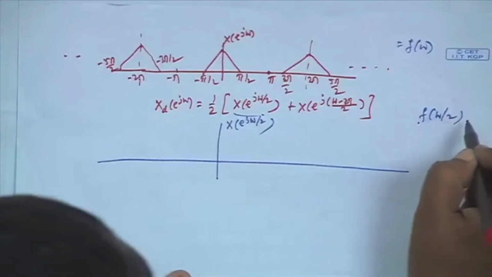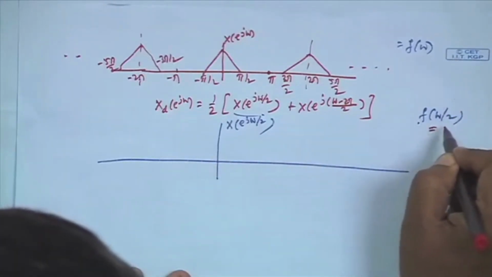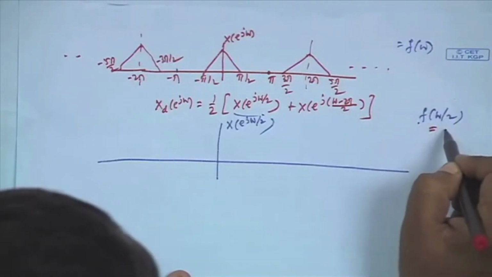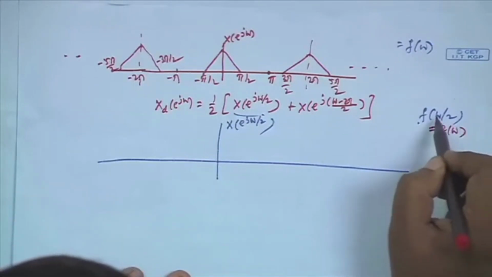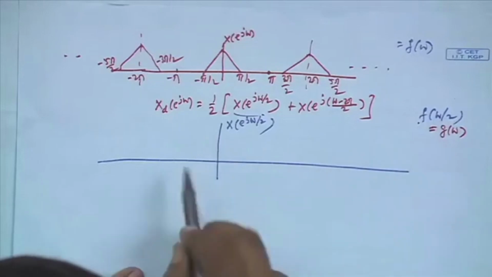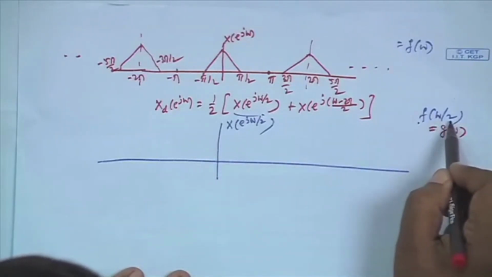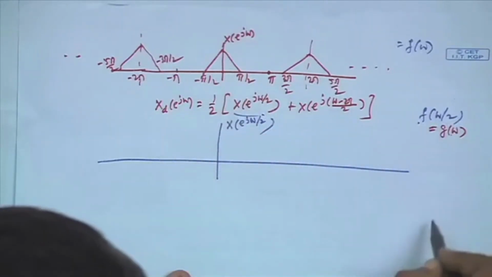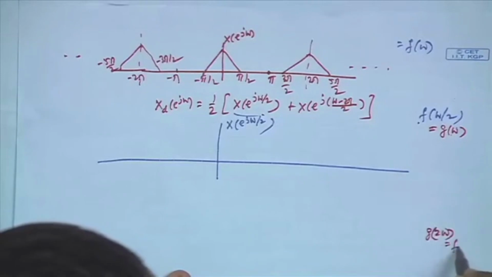To make it crystal clear so that you do not make any mistake and do not get confused, f omega by 2 is not f omega. So, I can give it a new name, g omega, and I have to plot g omega, that is f omega by 2, g omega versus omega, this is the task. But g omega is f of omega by 2, and f of omega is known to me. So, at twice omega, what is the value of g? g of twice omega is f of omega.